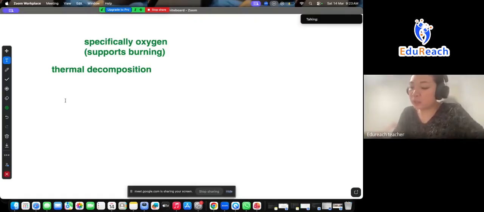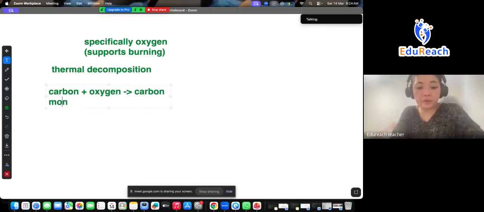Okay, then the next one that also involves heat is oxidation. This is when oxygen is added to a substance, with or without burning. So that means, for example, I'm going to give you carbon and oxygen, and then we will get carbon monoxide.